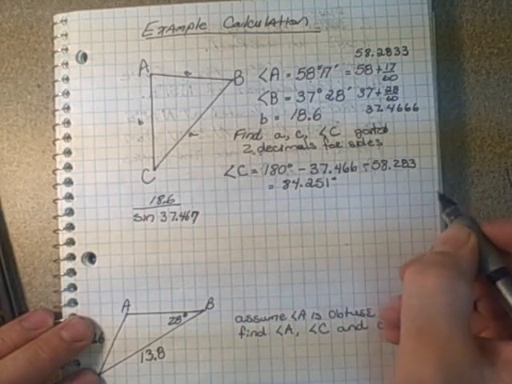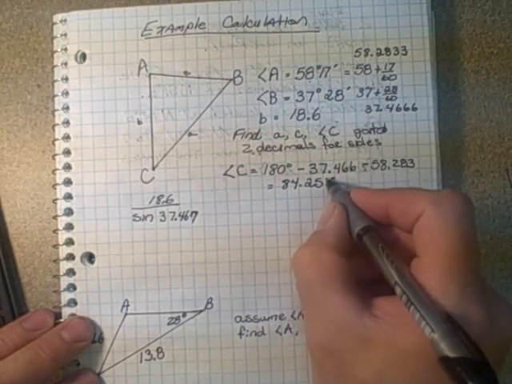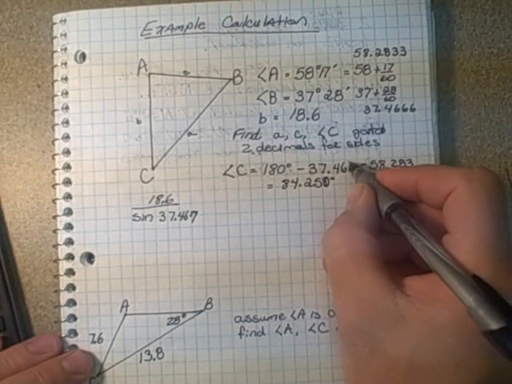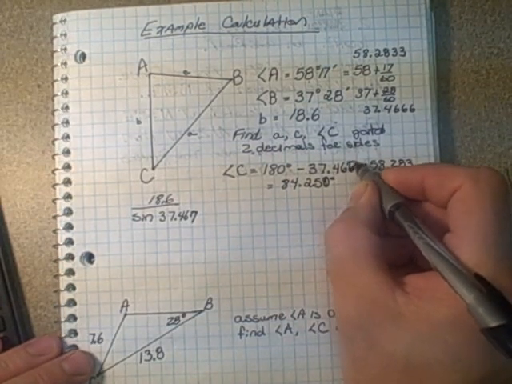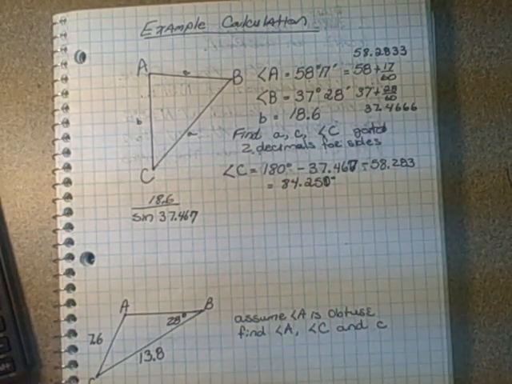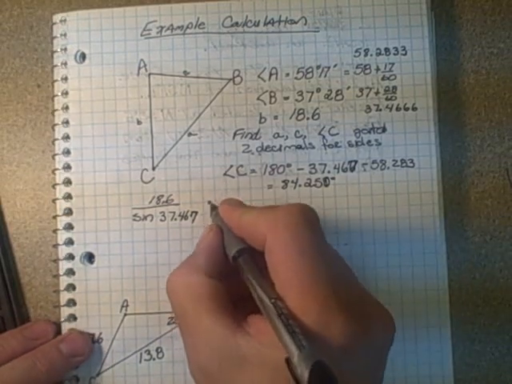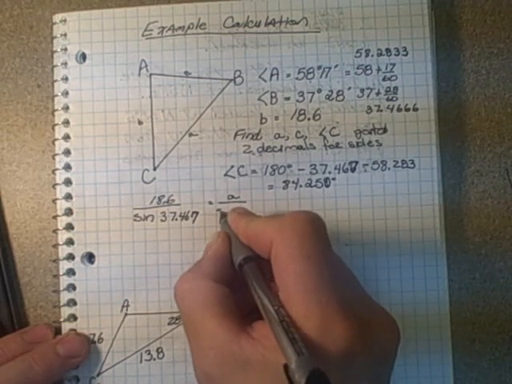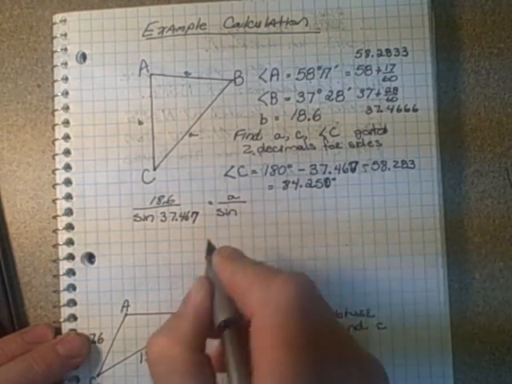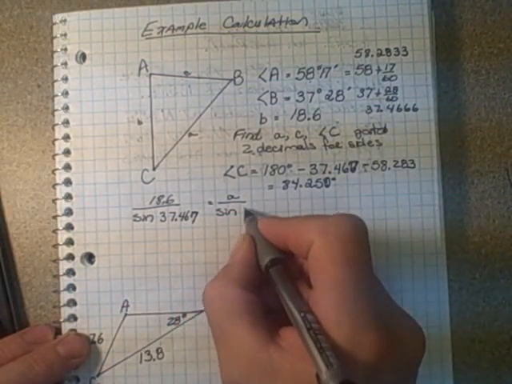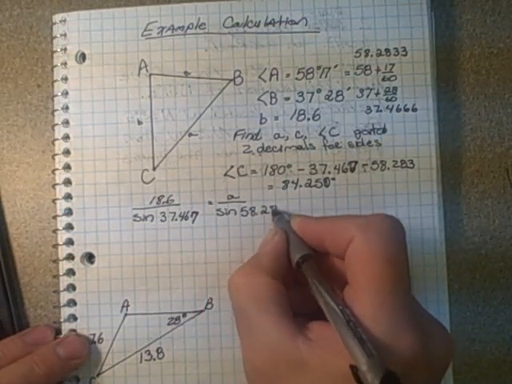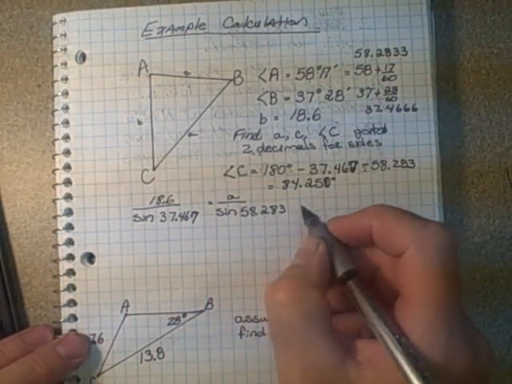If I change this to a 7, that would change this to a 0. I should have been rounding off there. So that's going to equal the side A over the sine of angle A, and angle A in our case we figured out to be 58.283 degrees.